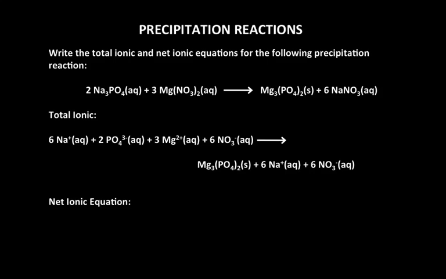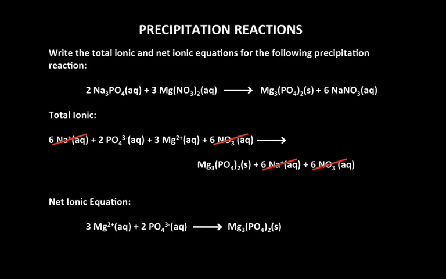And for us, that's the 6 sodiums and the 6 nitrates. So we get rid of them from the chemical equation, and then the net ionic equation is just everything that we're left with, which is the 3 magnesium ions and the 2 phosphate ions combining to form magnesium phosphate, and that's what that net ionic equation looks like.